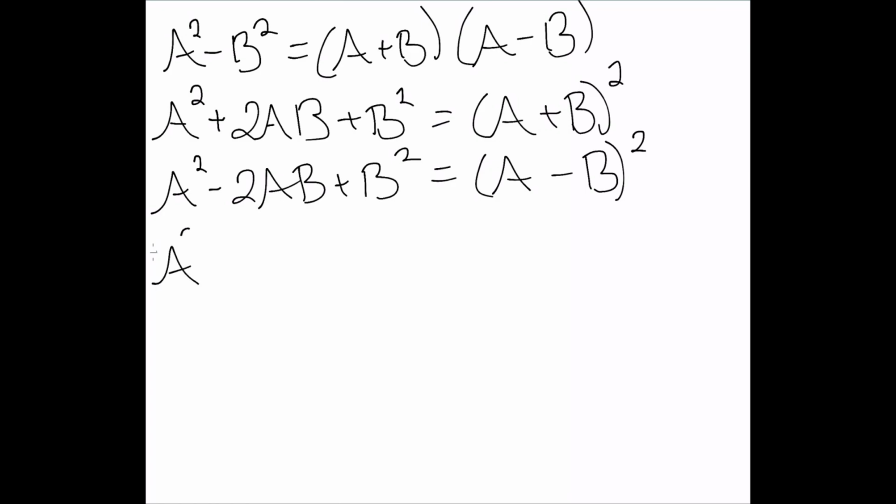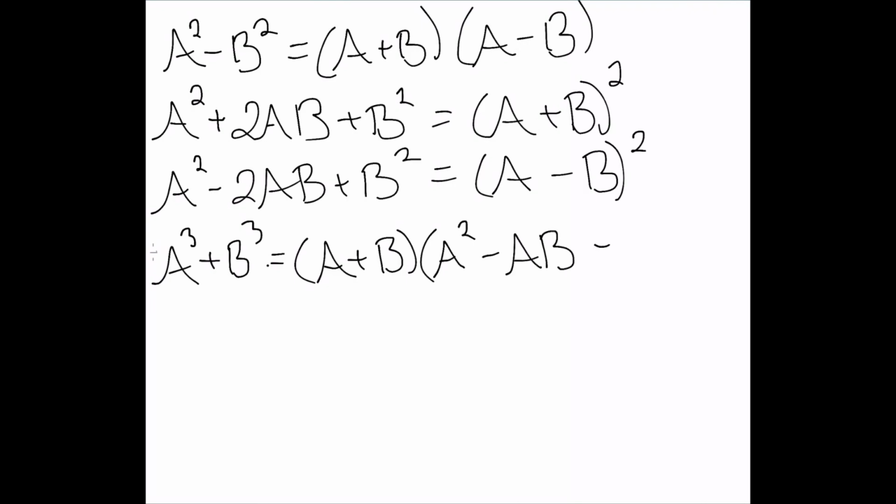The other two, a cubed plus b cubed, factors into a plus b times a squared minus ab plus b squared.